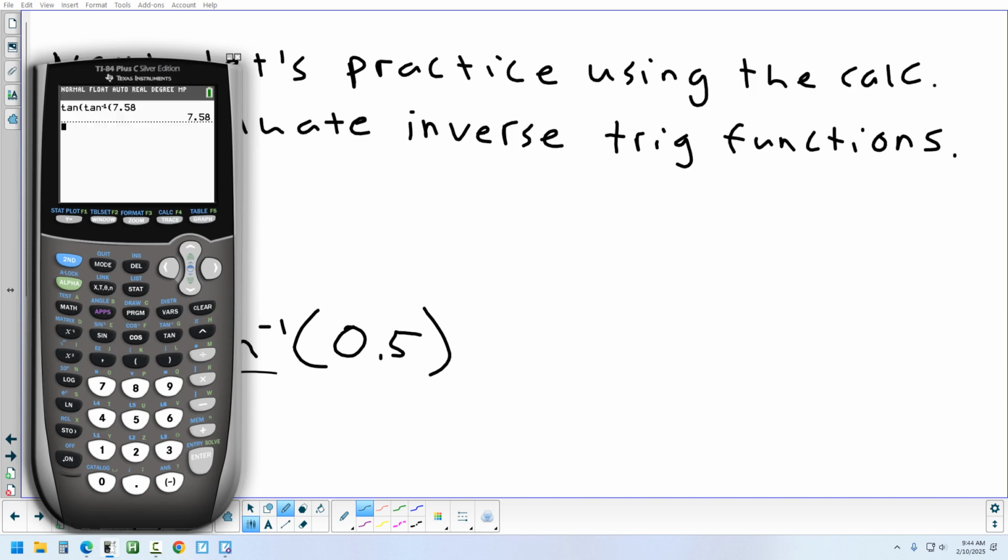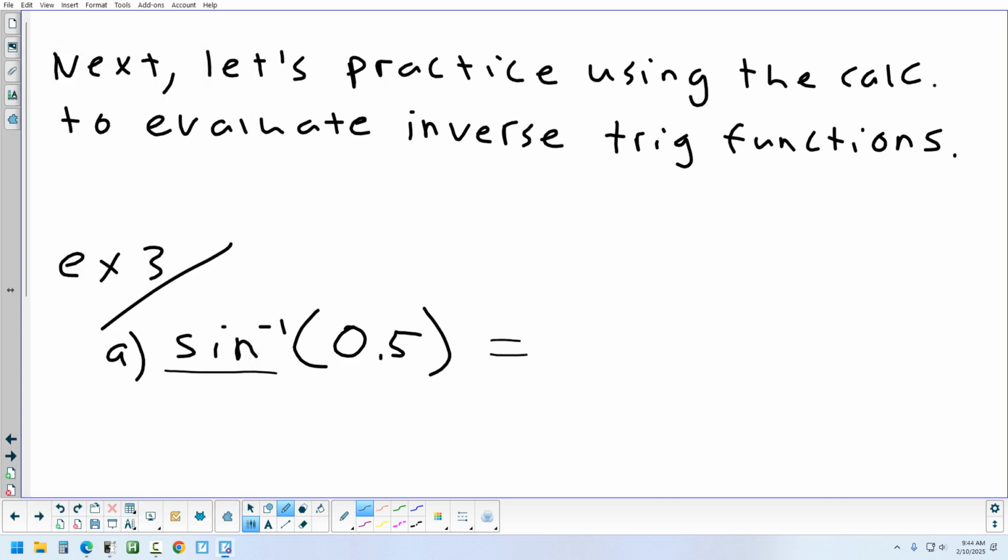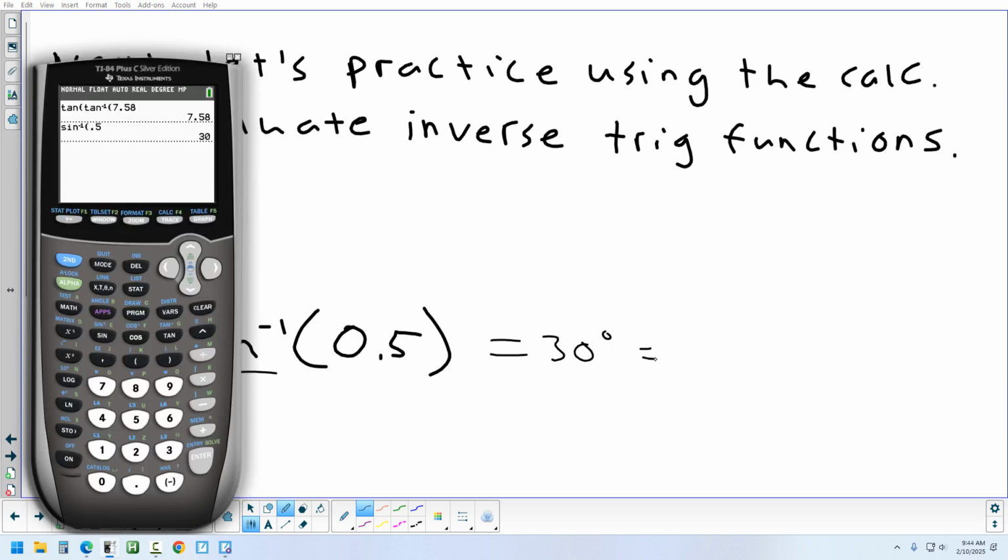Okay. If you want it in degrees, inverse sine of 0.5 is 30 degrees. Even if they want it in radians, I would still do it in degrees first because I know this one's going to come out to a nice answer. If you do it in radians first and they want an exact answer, the calculator's not really going to help you. It's going to give you that 0.5235.